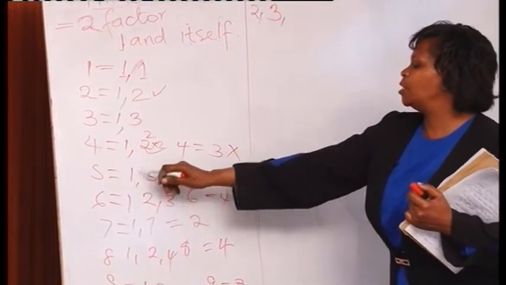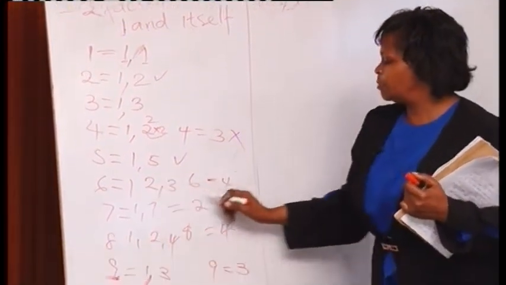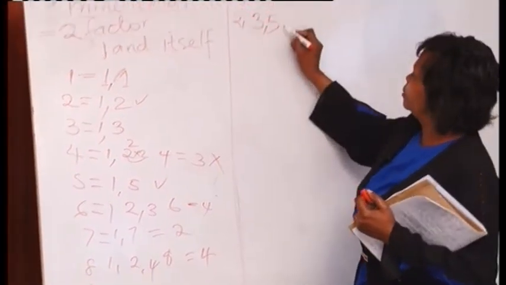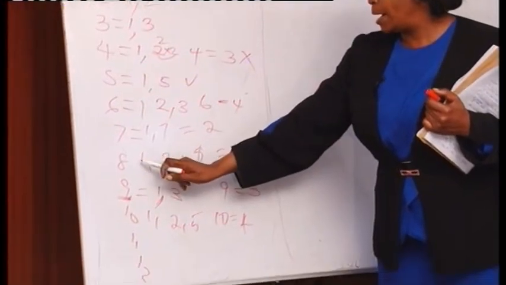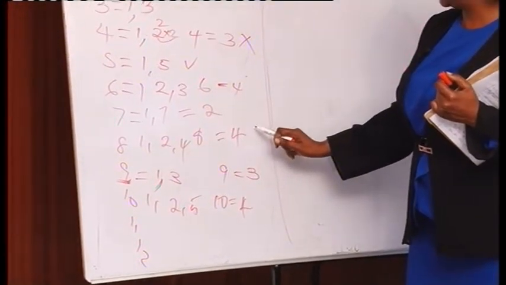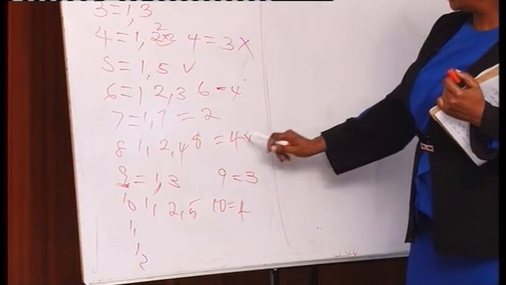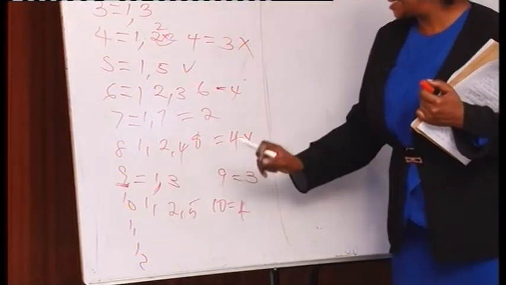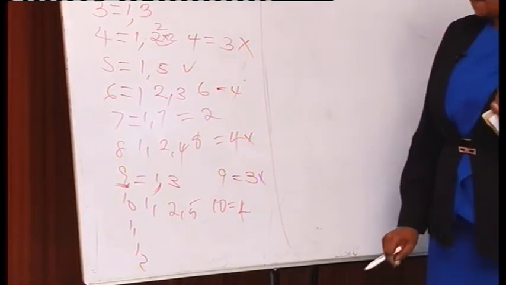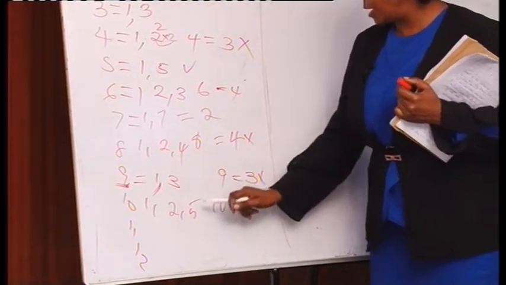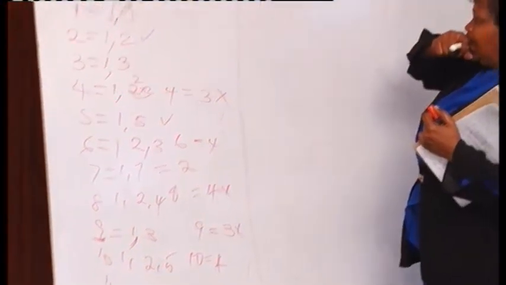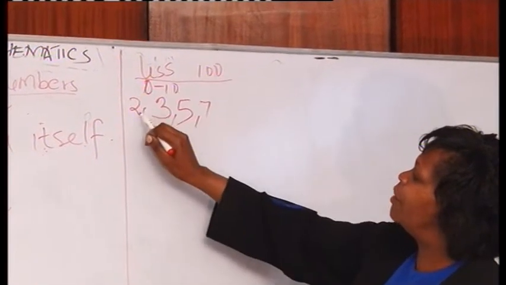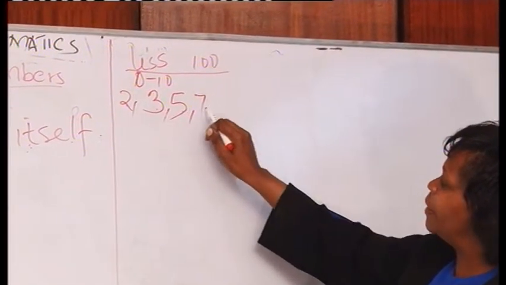Then I'll have 5 because it's 1 and itself. 6 cannot be because it has 4. 7 has 1 and itself, so 7 will be a prime number. 8 has 4 factors, so 8 cannot be a prime number. 9 has 3, so this cannot be a prime number. 10 has 1, 2, 5, and 10, so it has 4. Meaning that between 0 and 10, we have 2, 3, 5, and 7.